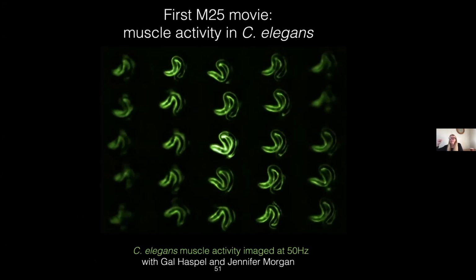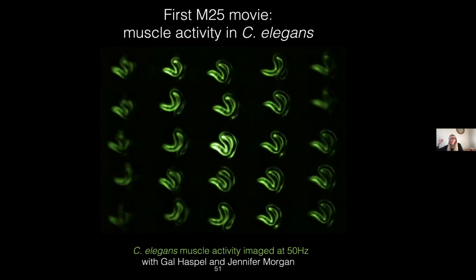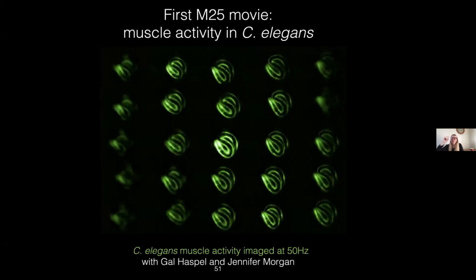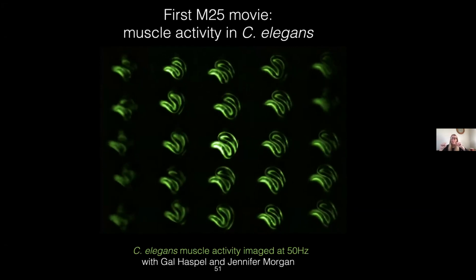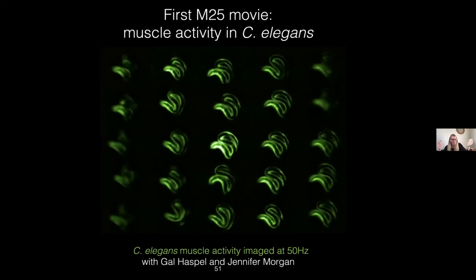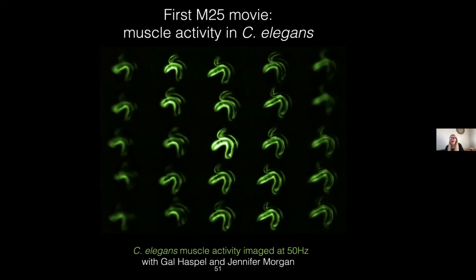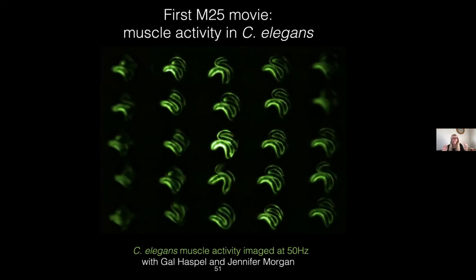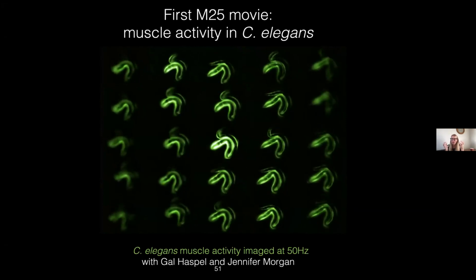So when the green turns greener here, that means that that muscle is active, and we're looking at the worm crawling, and we can try to figure out how this locomotion works, how it's controlled. And my lab provides the optical technology for that. So I'm not going to be the person who solves that neural interaction problem. I just will try to provide the tools that make it possible to study them.